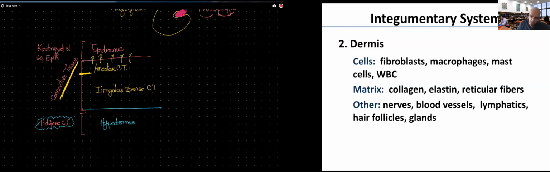Yes, the adipose connective tissue is just in the hypodermis. So again, what are the two types of connective tissue building up my dermis? Those are my areolar connective tissue and the irregular dense connective tissue. This is again my dermis.